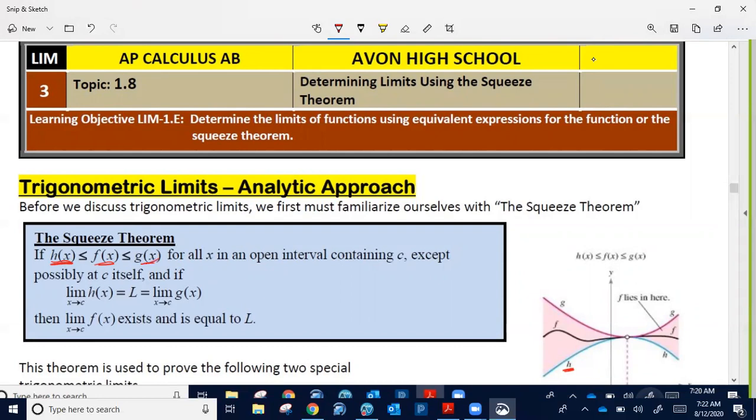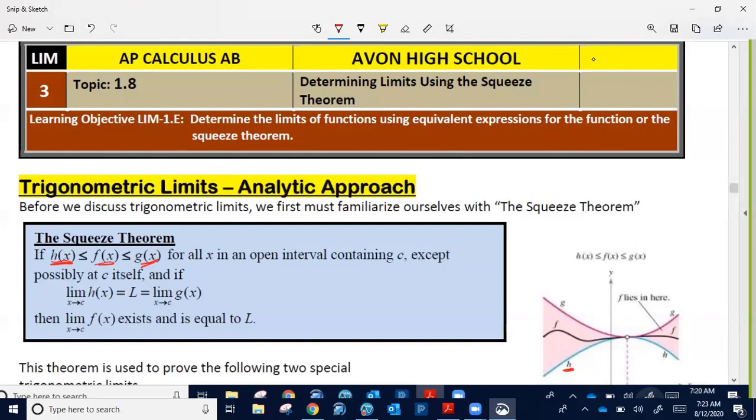And a g function that's always going to be on top, or always the largest. So h is always smaller than f, which is always smaller than g. I should say less than or equal to f, and then less than or equal to g.